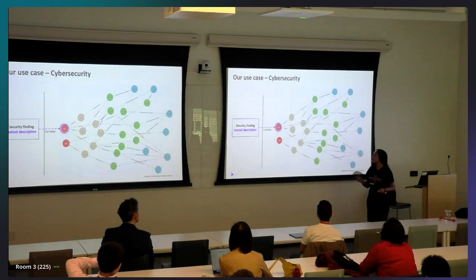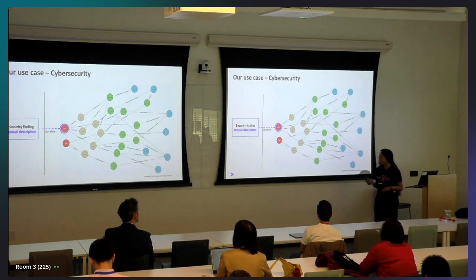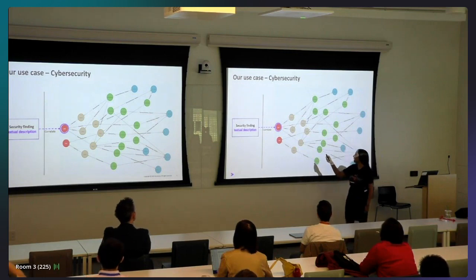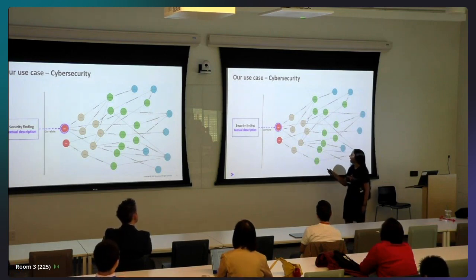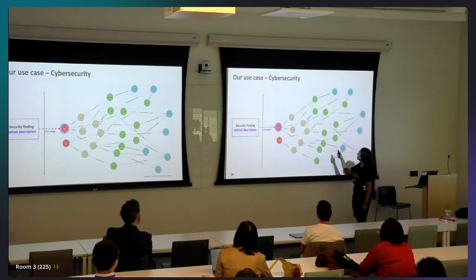and you want to correlate it and extract the information that you need. And let's talk about our specific use case, our cybersecurity use case. We have in our graph weakness nodes, and we have nodes that describe the attack patterns. And we have nodes that describe the attack techniques.